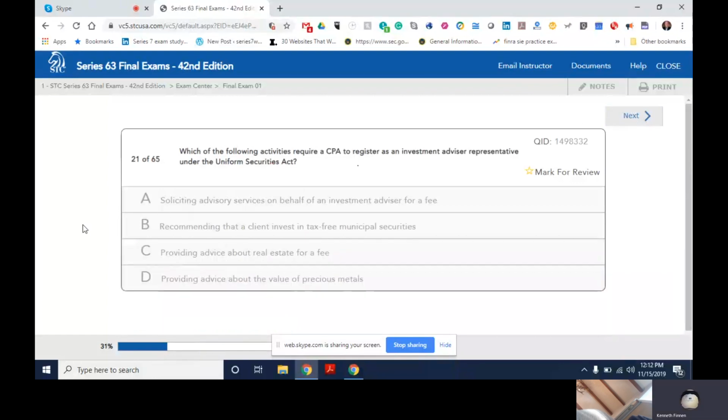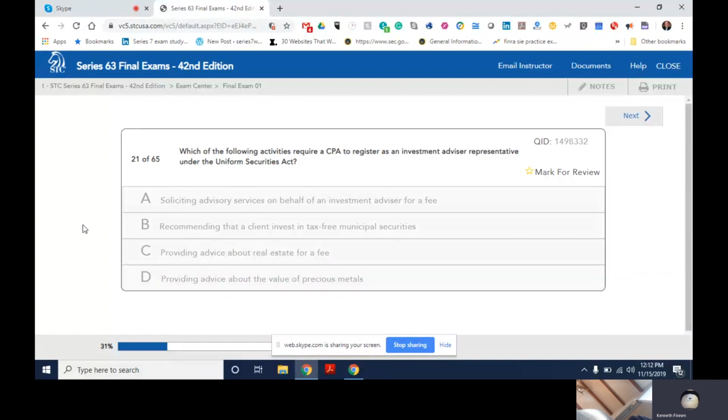Which of the following activities require a CPA to register as an investment advisor representative under the USA? Okay, if he provides advice about precious metals, I'm starting with D because I know where the right answer is. Providing advice about precious metals, those aren't securities, nobody cares. If he provides advice on real estate, again, not a security, it's fine.